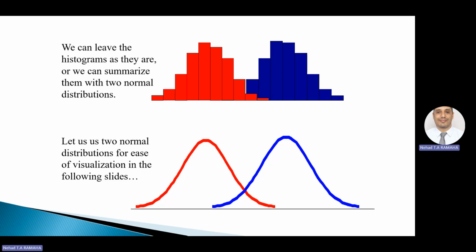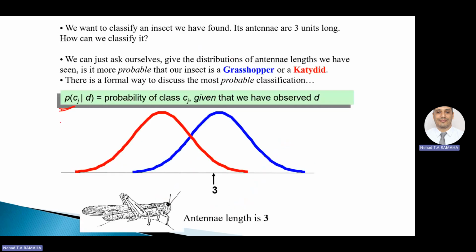So actually classification is probability. Why probability? Because we will classify something that we are not sure about, yes? So depending on previous data, we will see what's the probability of the current item being classified under which classification. So this is a curve that we had, and we have this insect, and we need to classify it.